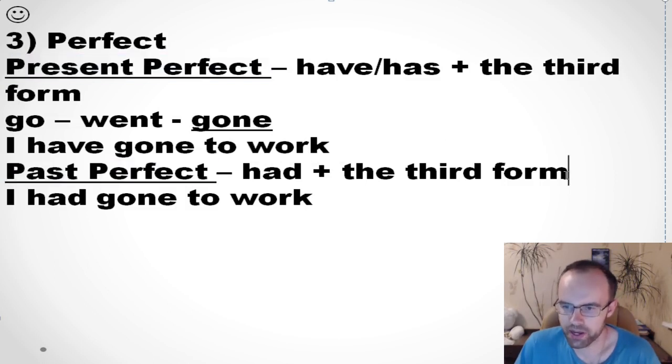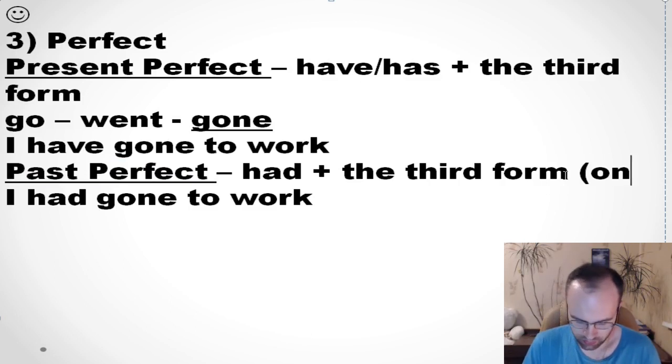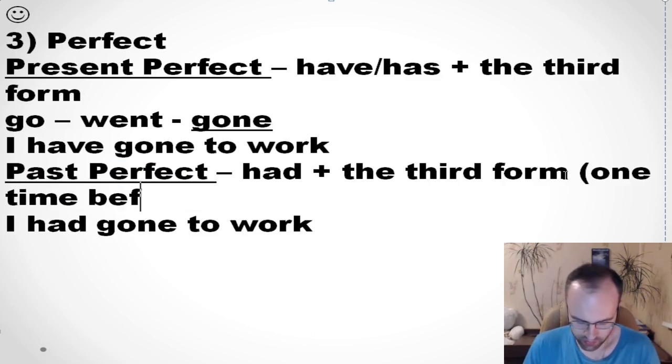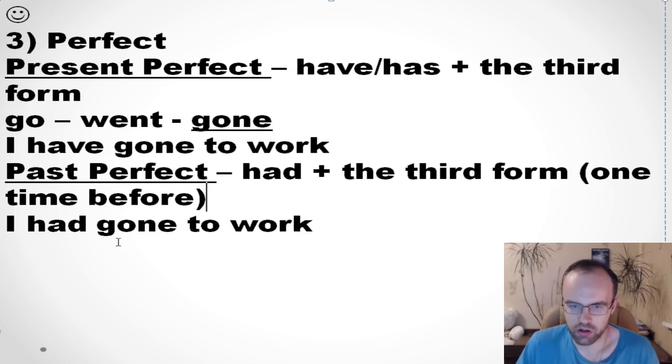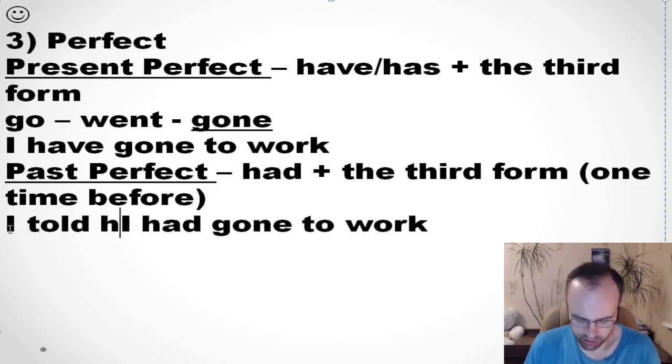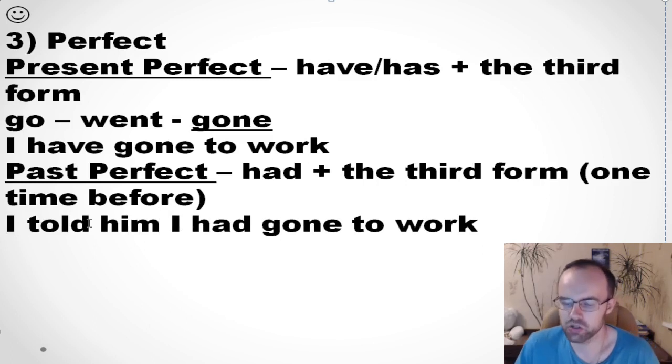It means one time before. For example, I told him I had gone to work. So first I went to work and then I told him. So this action happened earlier.